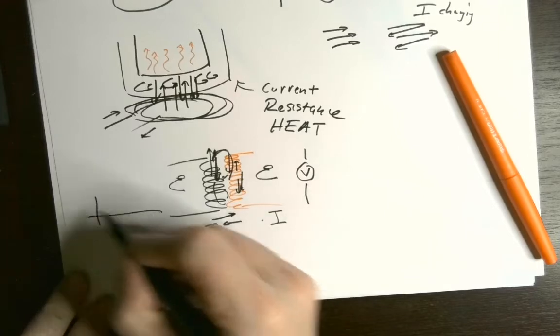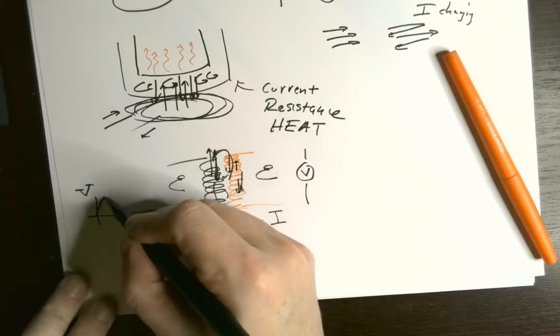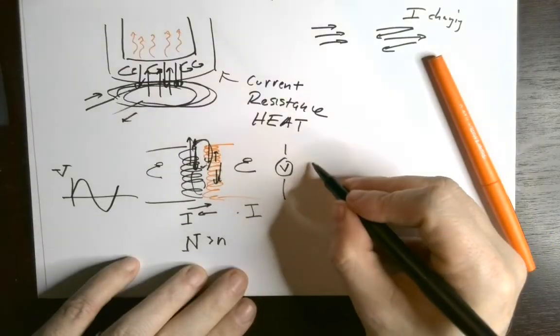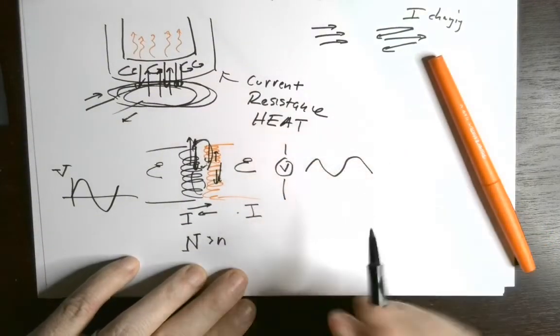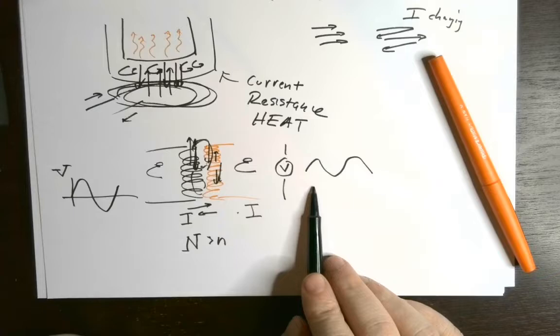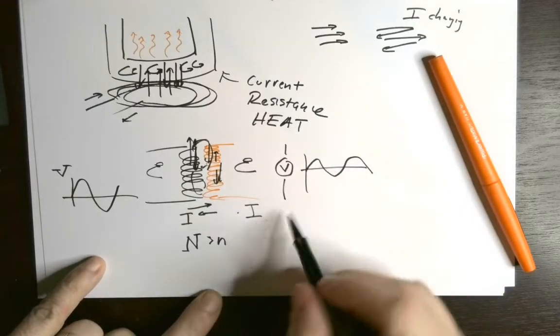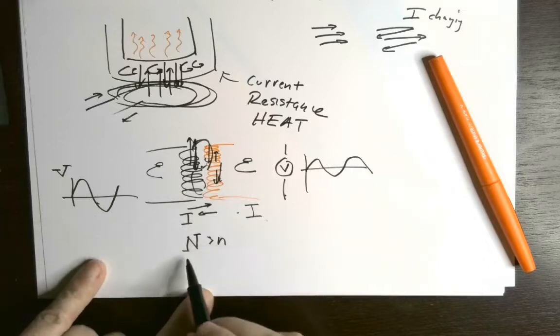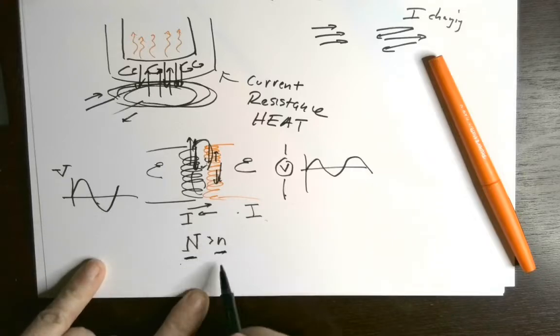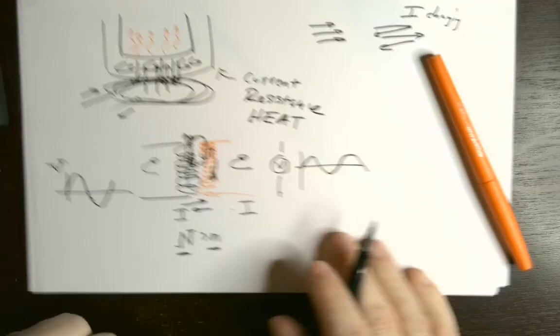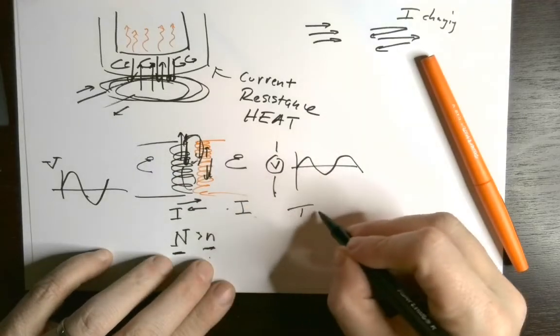So the voltage over here is oscillating sinusoidally. The voltage over here will also vary sinusoidally. And the ratio of this voltage to this voltage is equal to the ratio of the number of turns in this loop to the number of turns in this loop. This kind of device is called a transformer.